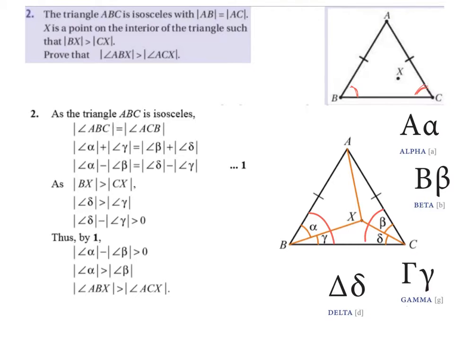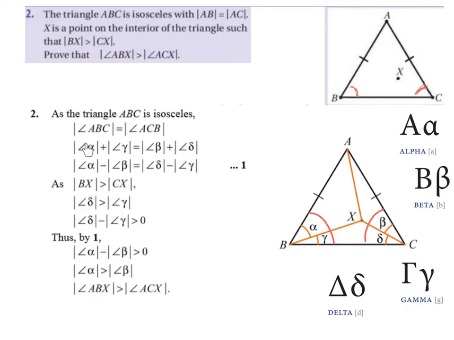The angle ABC is made up of angle alpha plus angle gamma, and that's equal to the angle ACB, which is made up of angle beta plus angle delta.